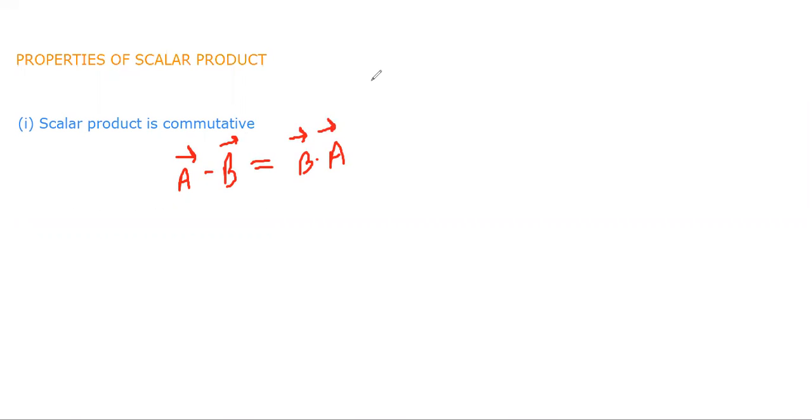Let us say there are two vectors. One is A vector, and another is B vector, and they are inclined at angle theta. Let this be your A vector, and this be your B vector, and they are inclined at angle theta.